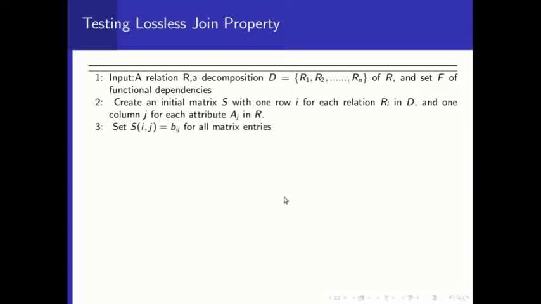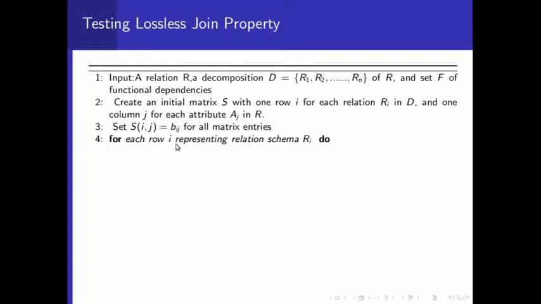Then set Sij equal to bij. The first row is initialized with b11, b12, and so on. Similarly, the second row is b21, b22, like that. Sij is initialized with these b symbols, each cell having the b symbol for its row and column.